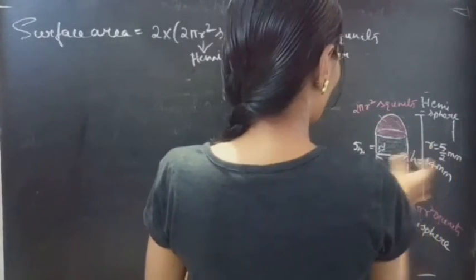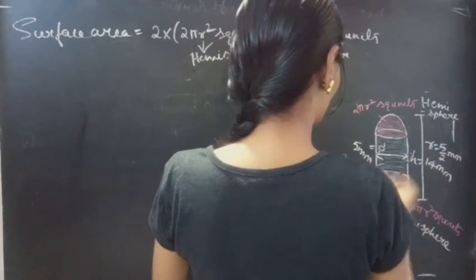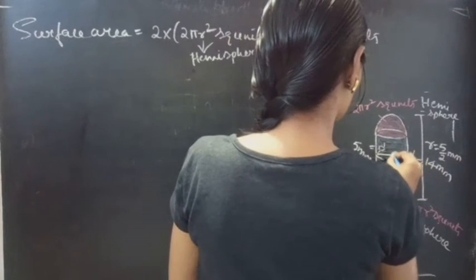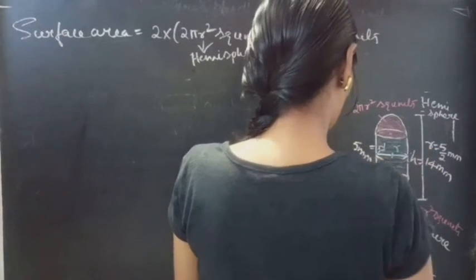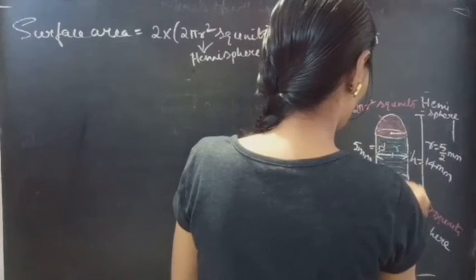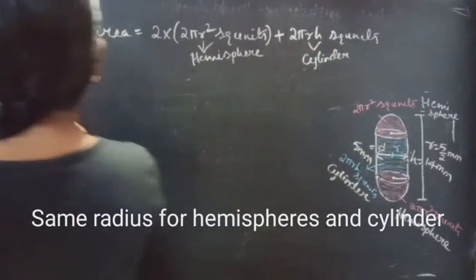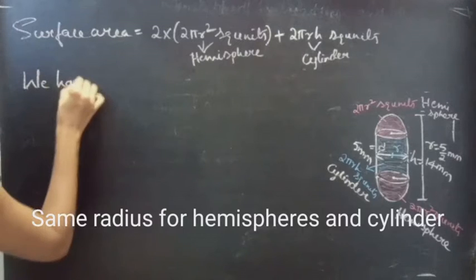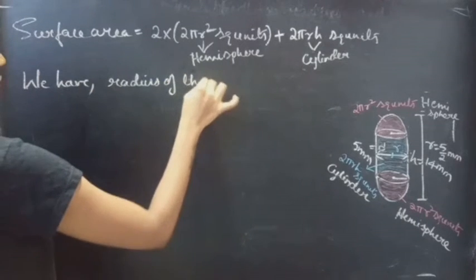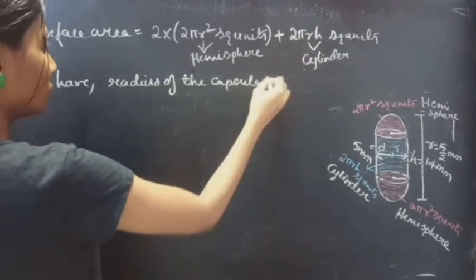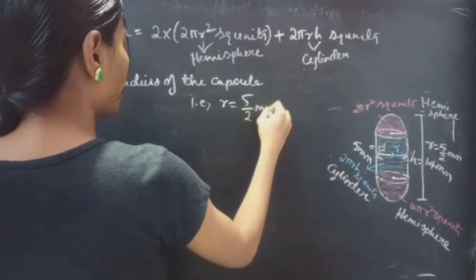And we have radius r equals 5 by 2 mm. The radius of the capsule is r equals 5 by 2 mm.